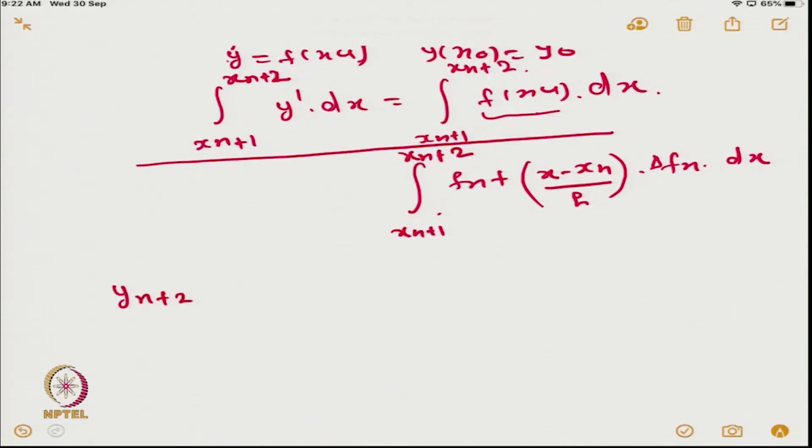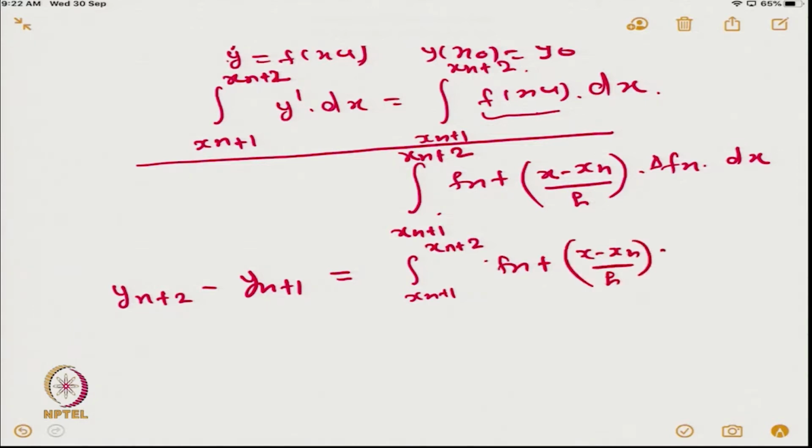So, left hand side will become this, and right hand side will be this. So, let me substitute x minus x n is h u.